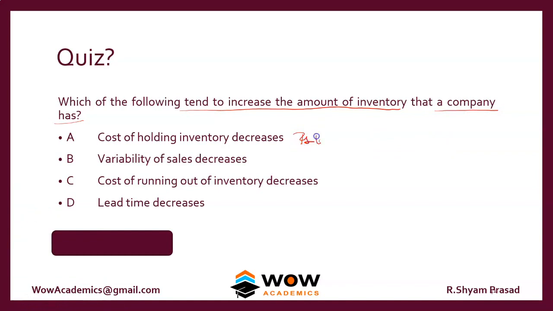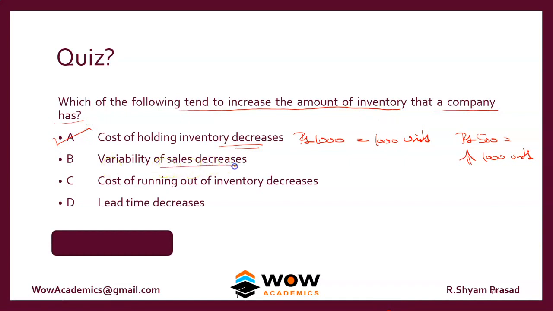Earlier it took 1000 rupees to store 1000 units, but now it takes only 500 rupees to store 1000 units. So we'll try to increase the number of units stored. If the cost of holding inventory decreases, it will always tend to increase the level of inventory held. So this is the right answer.